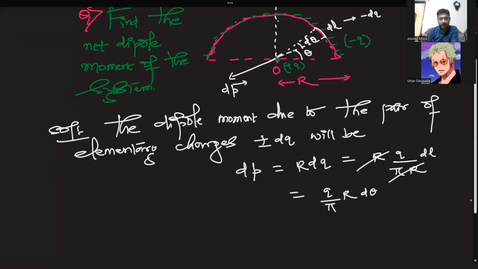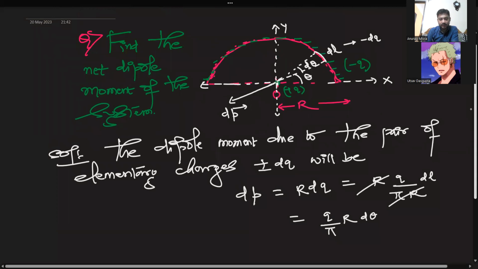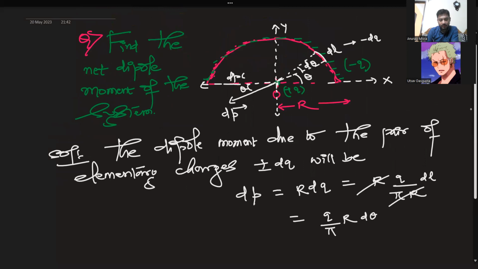So now see what will happen as a result of this. As it is a vector quantity, we can resolve it into two directions. One, along the line of symmetry of the semicircle. Suppose the line of symmetry of the semicircle is along the y-axis. If I call this my y-axis and the line along the diameter is my x-axis, then if this angle was theta, the x component will be dp cos theta, which is going along negative x-axis, and the y component will be dp sin theta, which is going along the negative y-axis.